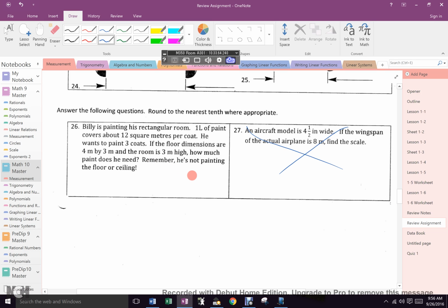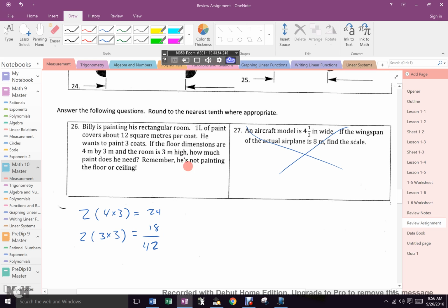Just the walls. So I got 2 walls that are 4 by 3, correct? And I got 2 walls that are 3 by 3, correct? Which gets me 24 and 18, which means I got to do 42 square meters, yeah?